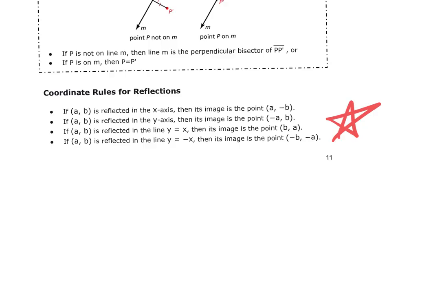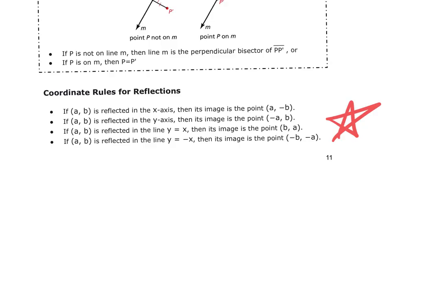When I look at the ordered pairs, if I have an ordered pair and I flip it over the x-axis, then my y value will be the opposite. Only the y value changes. The x value is still the same. My y value is the value that changes. If I flip it over the y-axis, my x value is going to change. Okay?